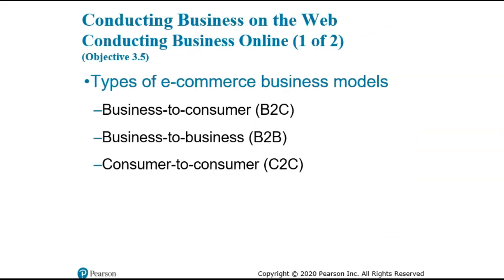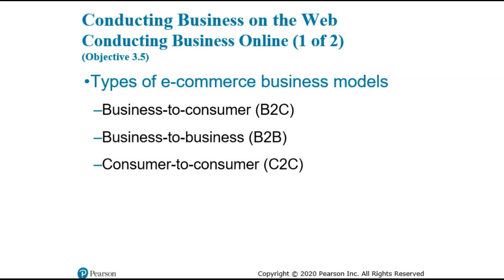You can conduct business online. E-commerce or electronic commerce is the product of conducting business online. Typically, e-commerce is identified by whom the business is being conducted between. So the different business models are business to consumer, B2C, which means that the transactions take place between businesses and consumers.